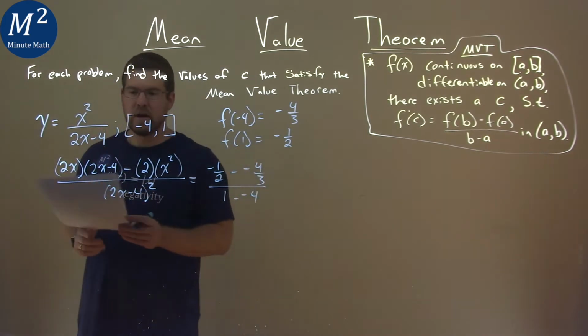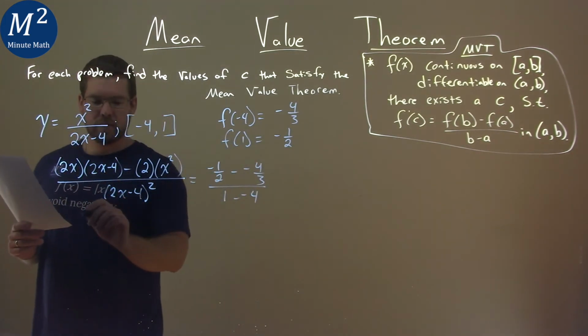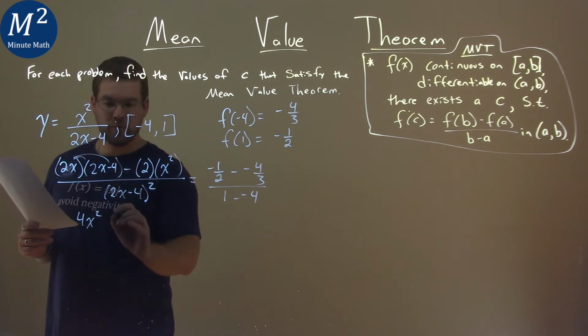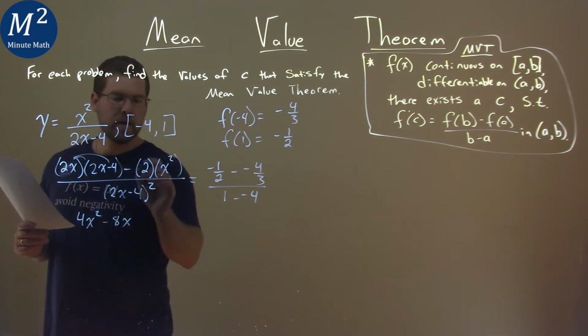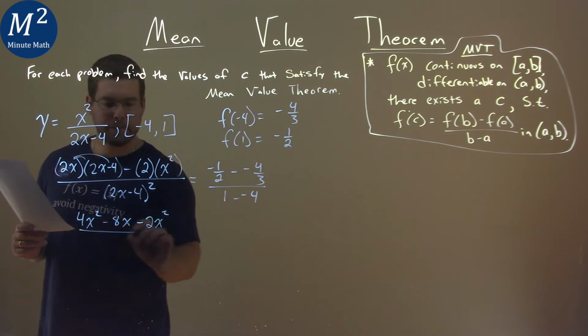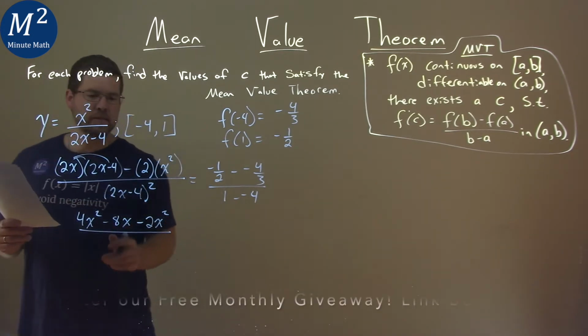So left-hand side, let's simplify this. 2x times 2x is 4x squared, and 2x times negative 4 is negative 8x. And then 2 times x squared is minus 2x squared. All over, the denominator simplifies out.